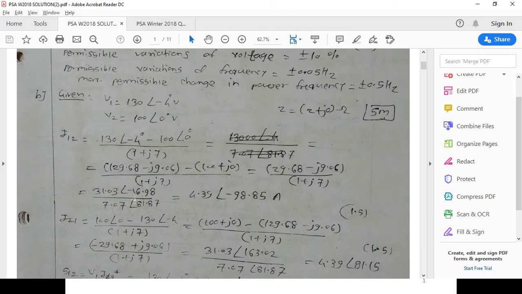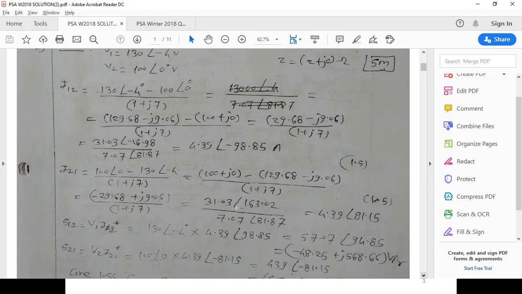It will be equivalent to 31.03 at an angle of minus 16.98 upon 7.07 at an angle of 81.87. So in polar form, it will be equal to 4.39 at an angle of minus 98.85 ampere. That is, we have the value of current I12, which is flowing from source 1 to source 2, in terms of polar form.